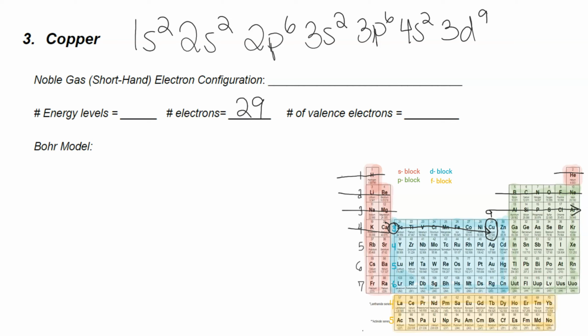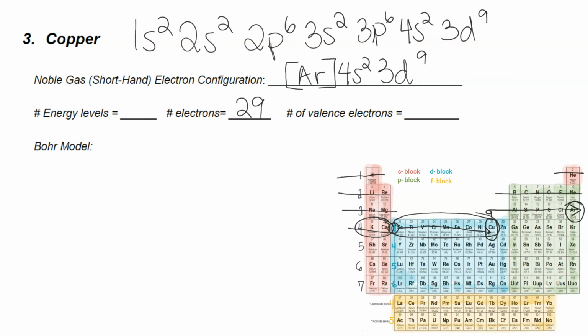To shorten this notation, we'll look for the noble gas that comes before copper, and that is argon, number 18. So we'll put argon in brackets, and we'll write the portion of the configuration that comes after argon. So that would be this 4s2 part, and then that 3d9 portion.